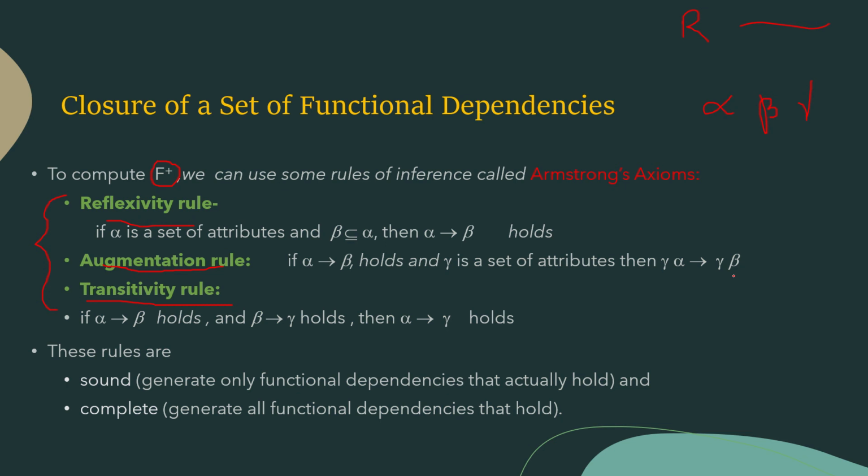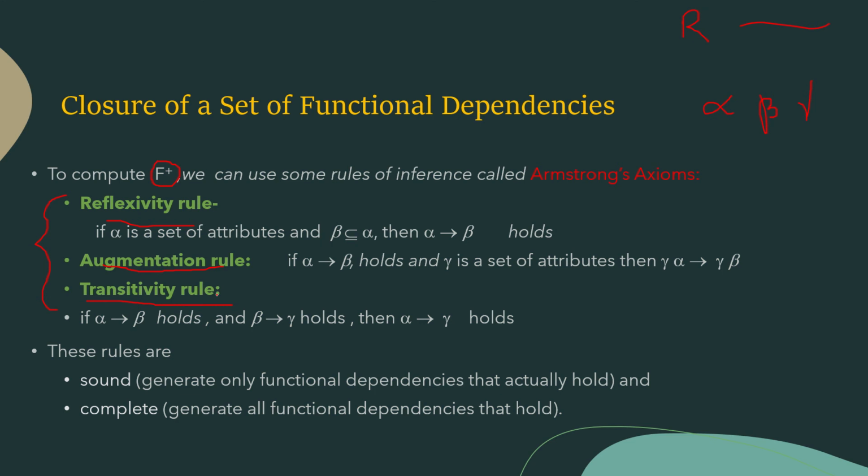So alpha, beta and gamma are any sets of attributes, and if alpha implies beta holds inside the table, then for another set of attributes gamma, gamma alpha implies gamma beta.